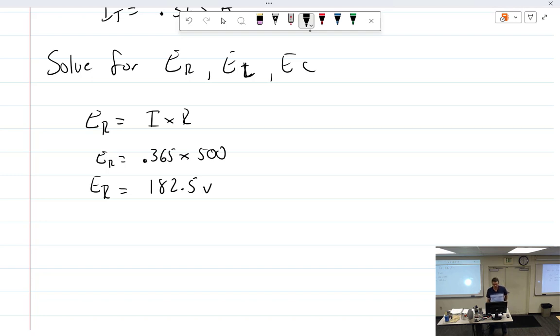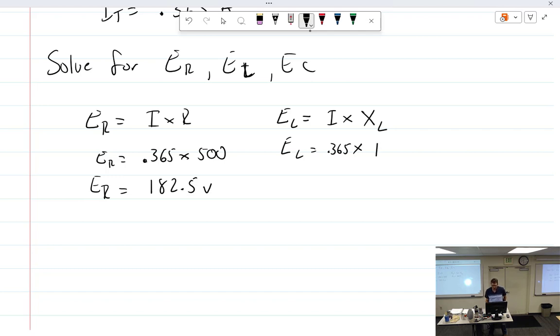Well, how about E of L? So E of L equals I times X of L, which is the equivalent of the R. So E of L equals 0.365 times, what was it, 1319?